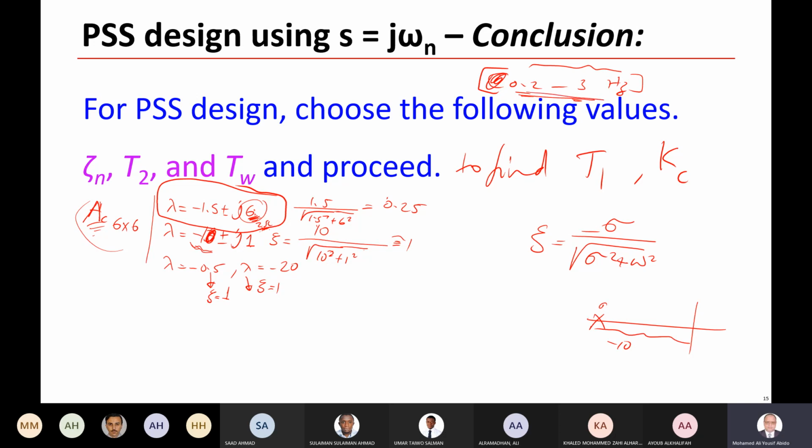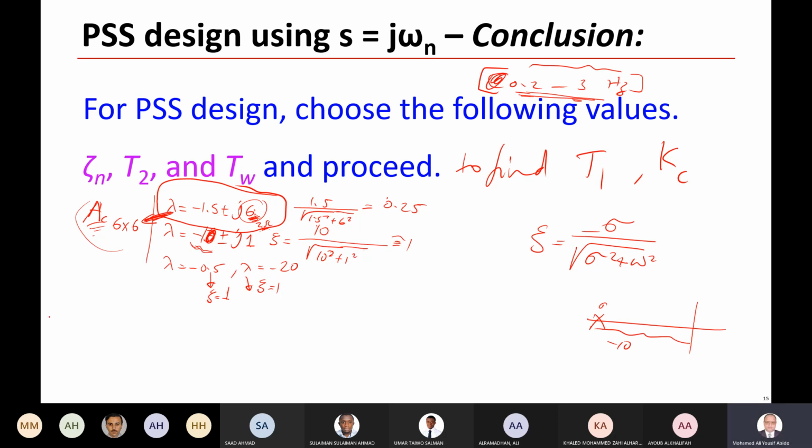Of course, to be precise here, we have some mathematical methods in order to identify which eigenvalue is related to which states.